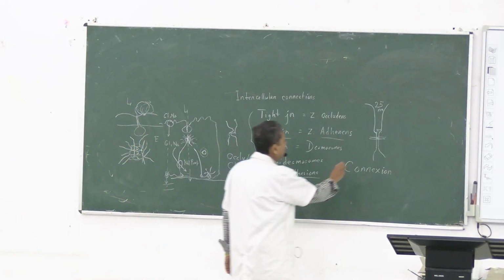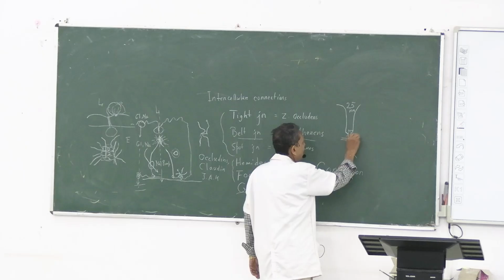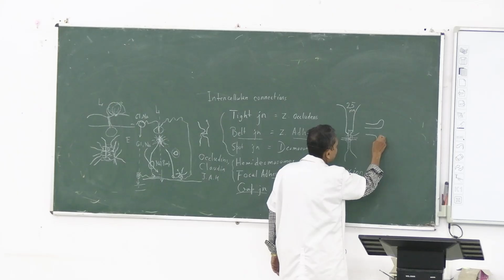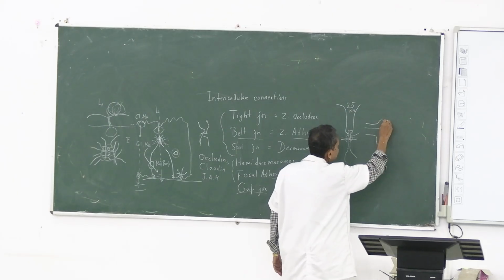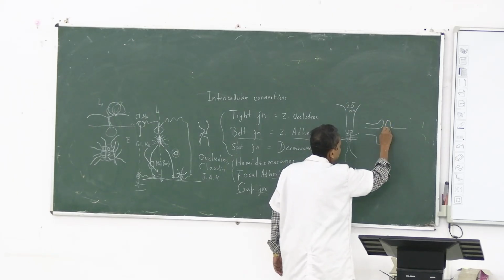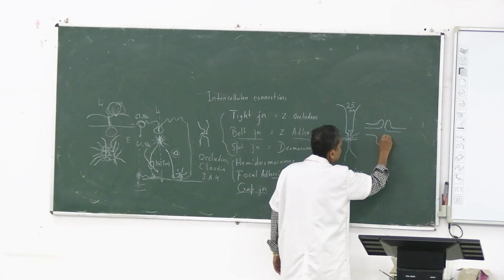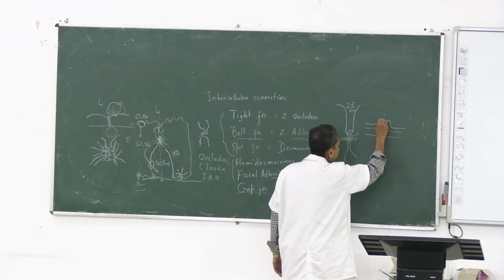If you now enlarge this space, you will find this type of structure. One subunit is on one side and another subunit is on the other side, almost obliterating this space.